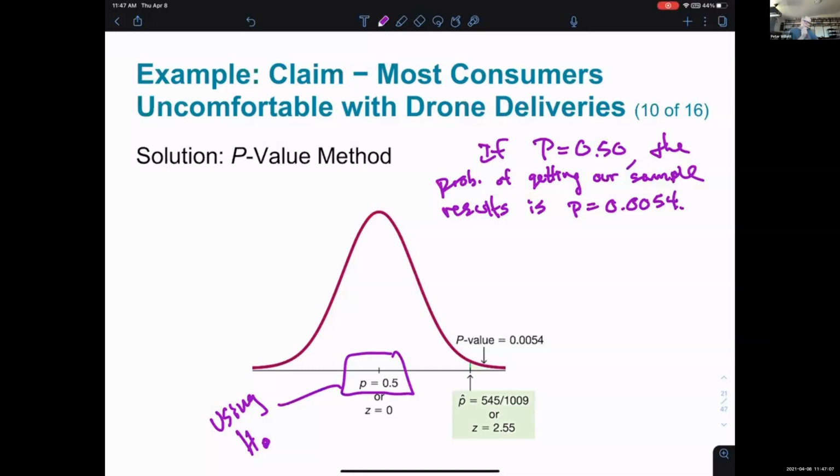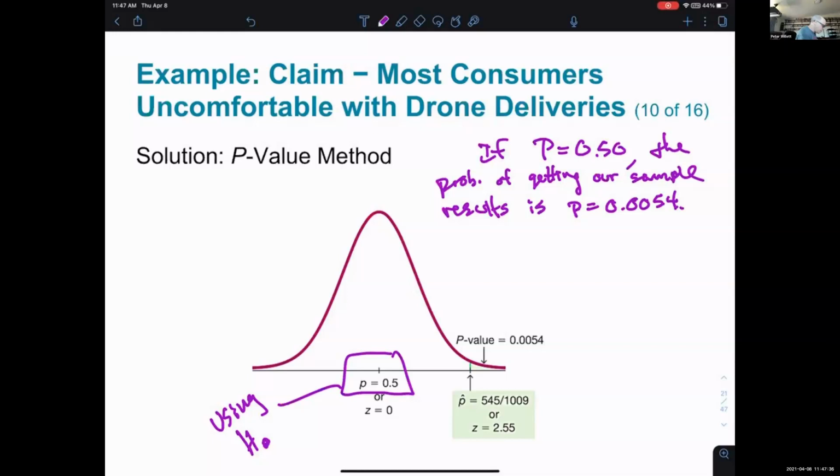So the idea is that if the probability that your sample would come out the way it did is really low, if that is really unlikely, assuming the proportion is 50%, well, that suggests that maybe the proportion is not 50% and that assumption is false and that you can reject that assumption, which is the null hypothesis.